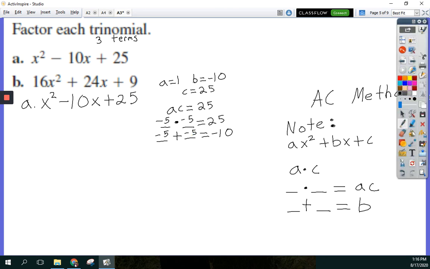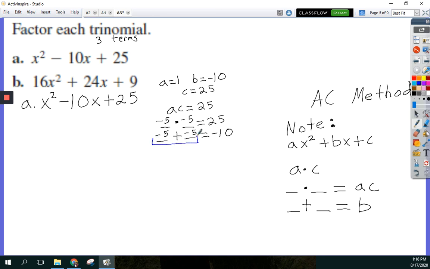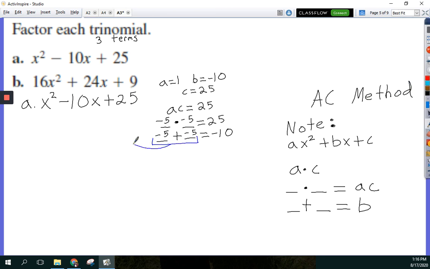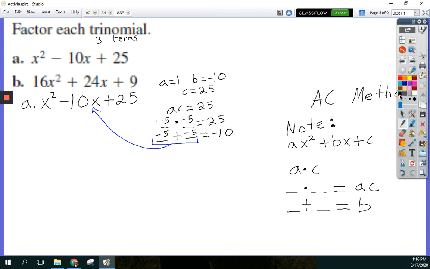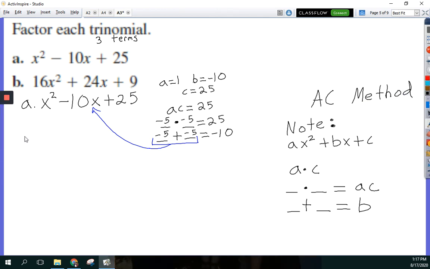Now, what we're going to do is with those two special numbers that we just found, we're going to use those to replace our middle term. So instead of writing the negative 10x there, I'm going to write x squared minus 5x minus 5x plus 25.